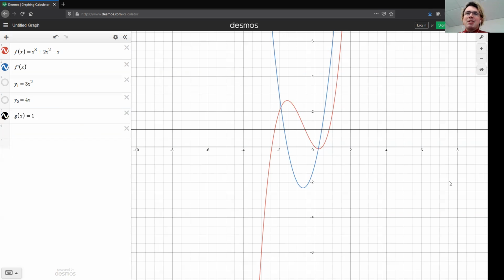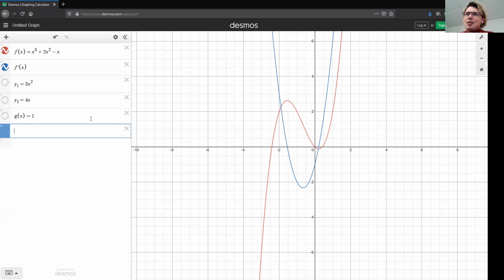It still misbehaves sometimes. So there's my function y3, or maybe my g of x is equal to 1. This is the derivative of x. It's definitely not the derivative of my red curve. I'm still not getting that parabola.